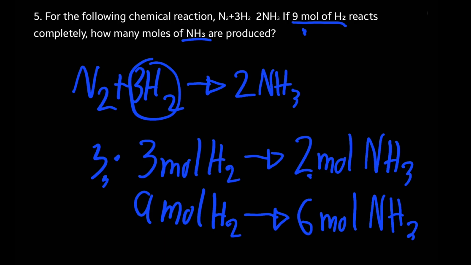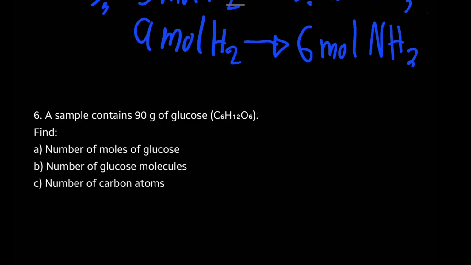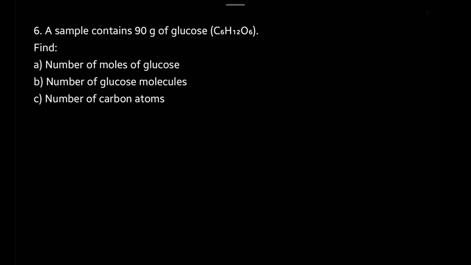Now, I actually want you to solve this question. It's your time. So, a sample here contains 90 grams of glucose, or this one, C6H12O6, and you're tasked to find the number of glucose moles, and the number of carbon atoms.